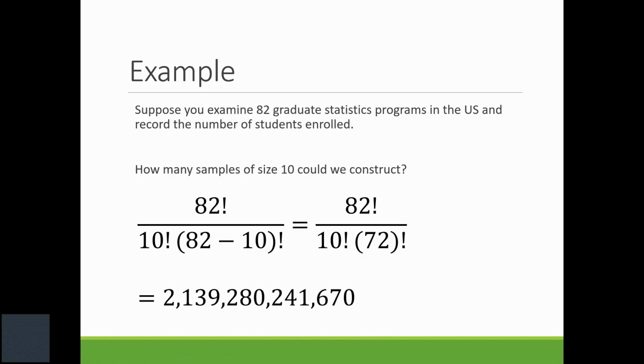So we could have schools 1, 2, 3, 4, 5, 6, 7, 8, 9, 10, or 1, 2, 3, 4, 5, 6, 7, 8, 9, 11, etc., right? So if we do this formula, we have 82 factorial, that's our population size, 10 factorial, that's our sample size, and then 82 minus 10 factorial, which gives us 72 factorial, okay?